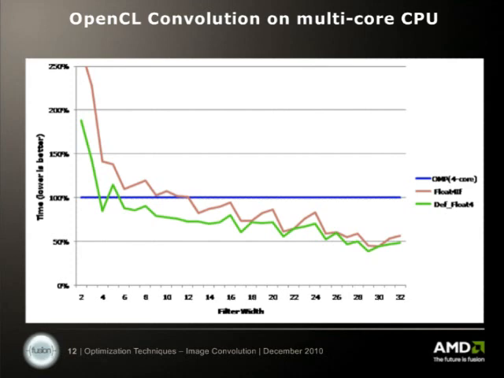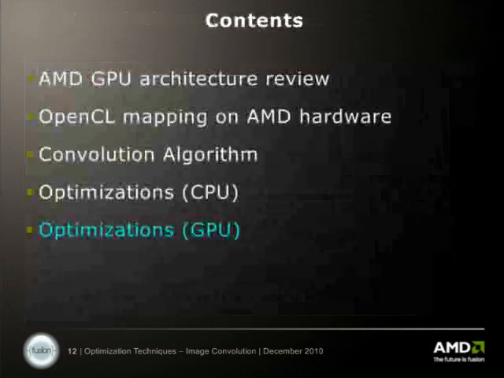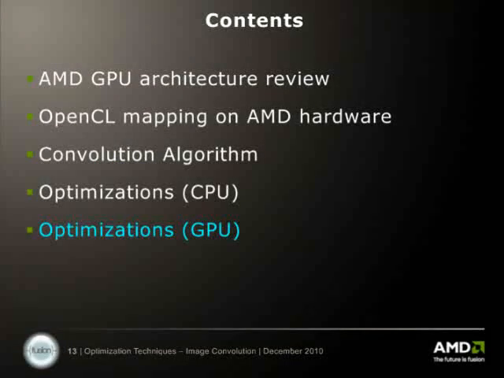The other one is using vectorization, and also I pass in hash defines with different values, like for example the filter width and the loop limits, at runtime, at OpenCL compile time. So you can see that we can get up to twice the speed of standard multi-threading using vectorization on the CPU.